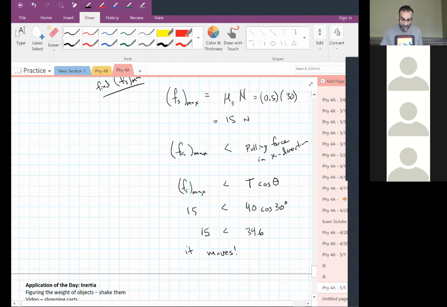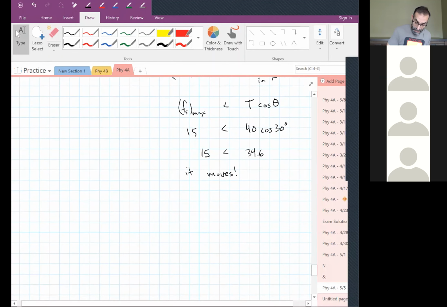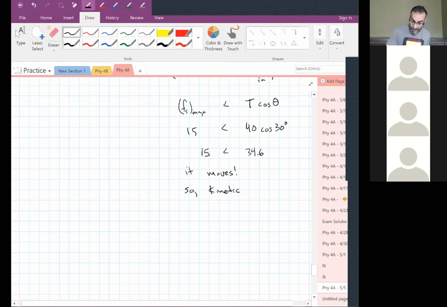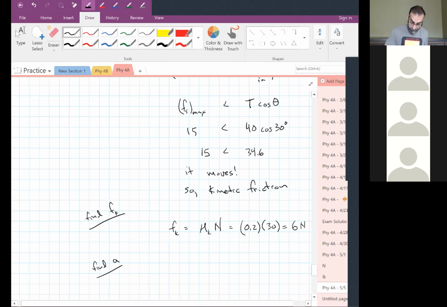So if it's moving, we are in kinetic friction mode. So we can find the kinetic friction force. And then the last thing is to find the acceleration.